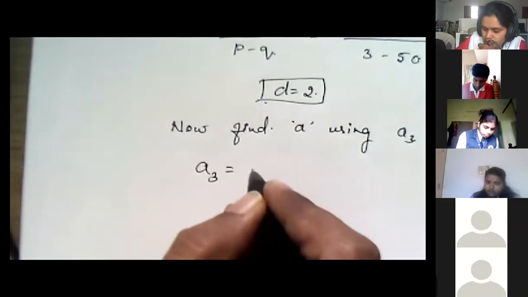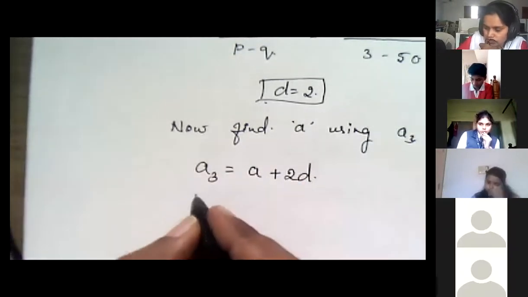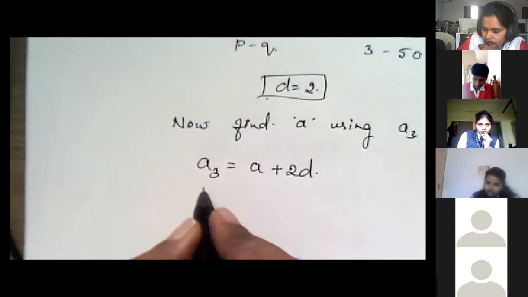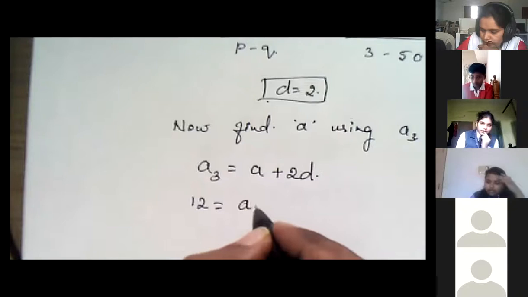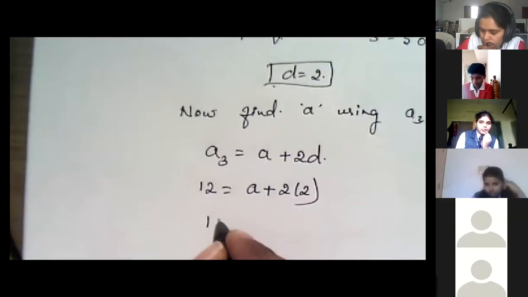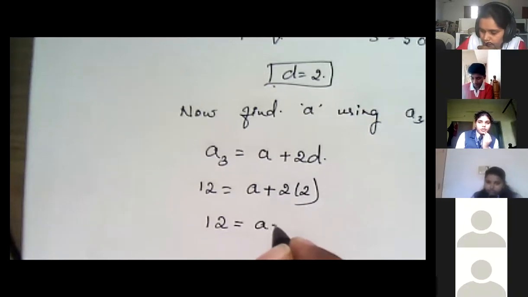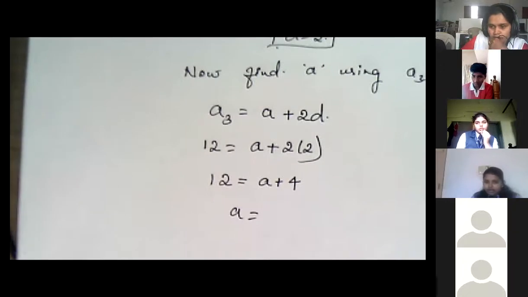A3 equals A plus 2D. What is the value of A3? 12. So 12 equals A plus 2 into 2. Now 12 equals A plus 4. What's the value of A? A equals 8.